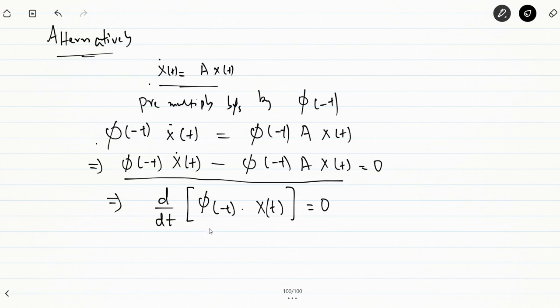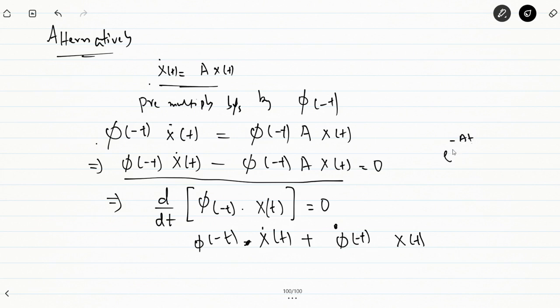If you expand it, phi of minus t stays as is, d by dt of x t is x dot t, fine, plus x t stays as is, and the differential of phi of minus t, we have already found out, is e raised to the power minus a t.